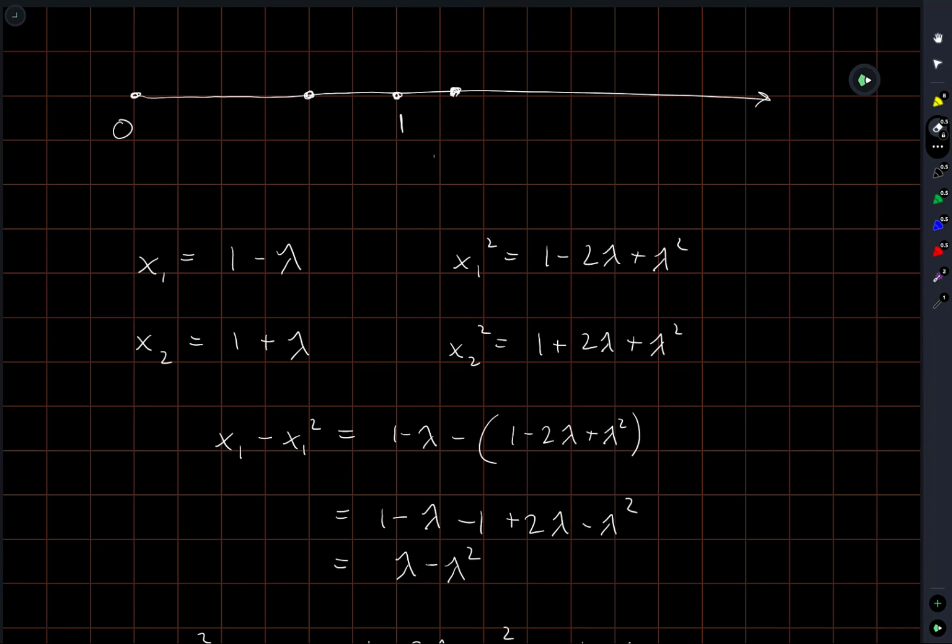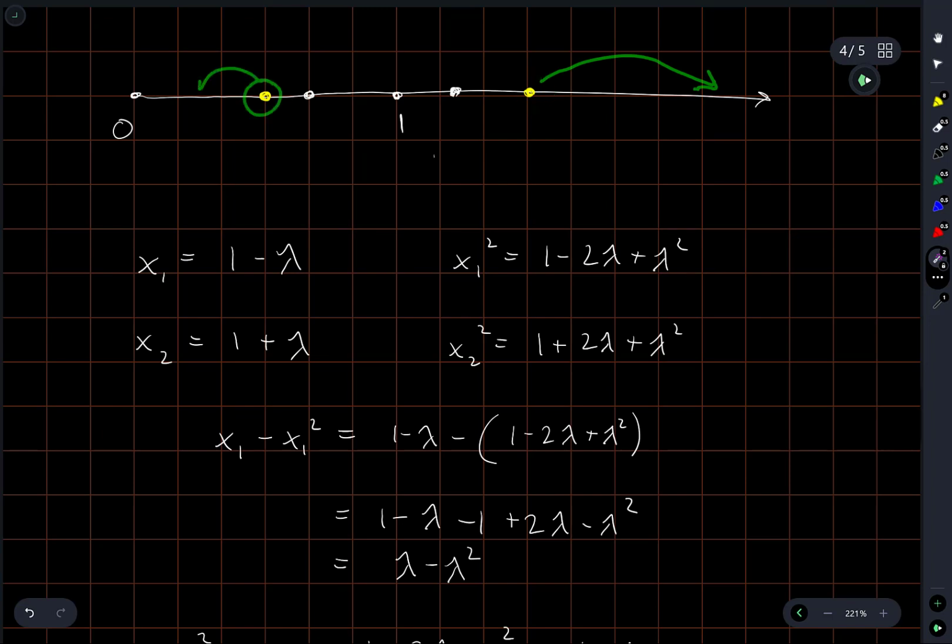equidistant, two numbers equidistant from the number 1, so something like here and here. When I square this number, it's going to move some distance, and the distance it moves is going to be bigger than the distance this number moves.